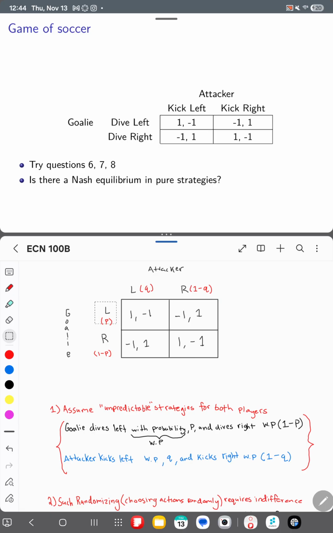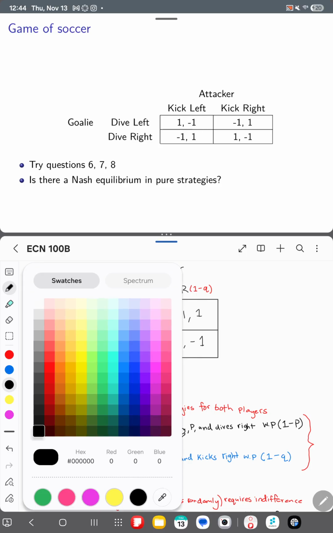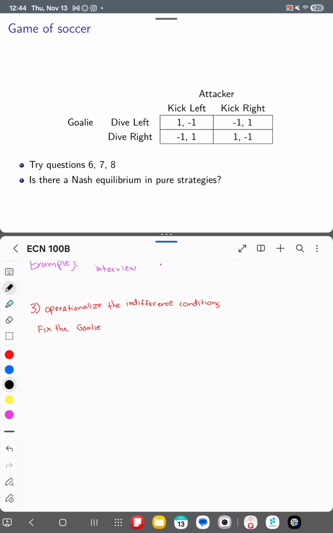Now think of the goalie. And I want you to think about the expected utility or expected payoff, payoff or utility, doesn't matter. These are actually utilities. So the expected utility from left for the goalie.